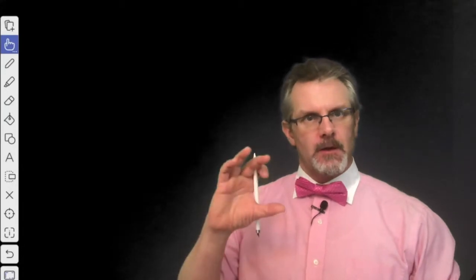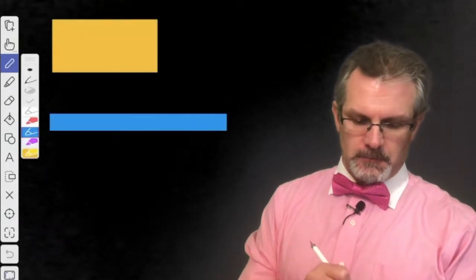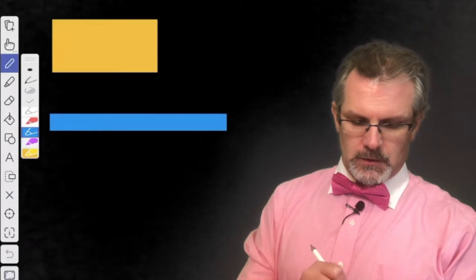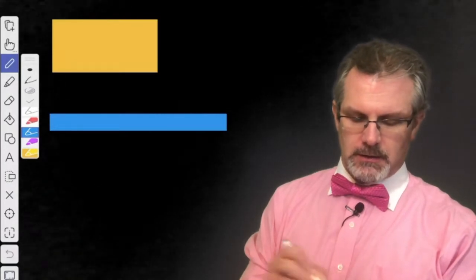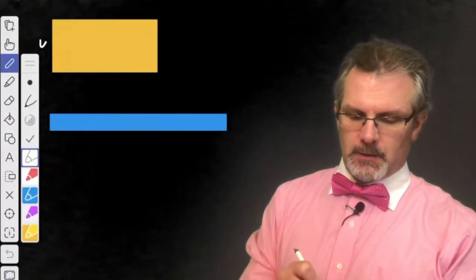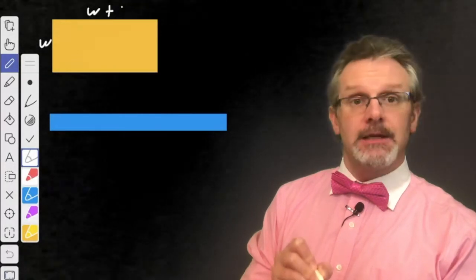So we're going to continue with our work talking about the curbside logos. Now, something that I wanted to take a look at that we didn't get a chance to discuss. Let's look here at side length W and W plus 8.